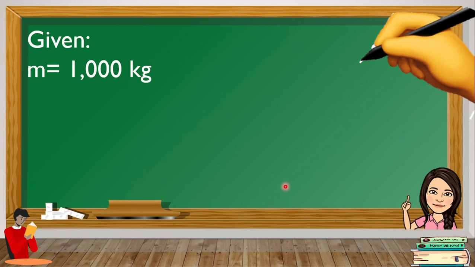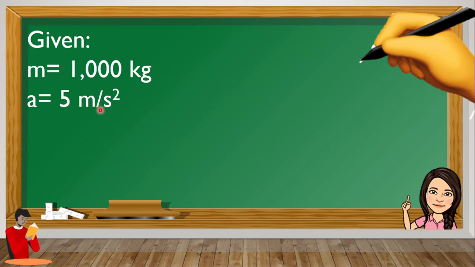Mass is equal to 1,000 kilograms. Again, mass is expressed in kilogram. Acceleration is equal to 5 meter per second squared. Acceleration is expressed in meter per second squared. So what is the net force of the object?